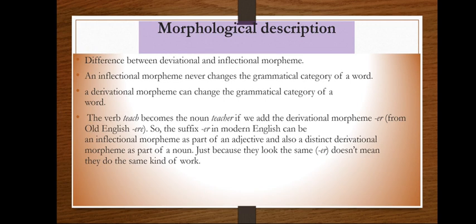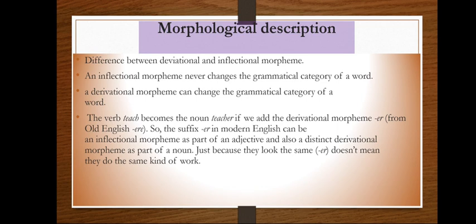Now, further explanation: the verb teach becomes the noun teacher if we add the derivational morpheme er, from Old English. The suffix er in modern English can be an inflectional morpheme as part of an adjective, and also a distinct derivational morpheme as part of a noun. So in modern times this er can be both derivational and inflectional morpheme.